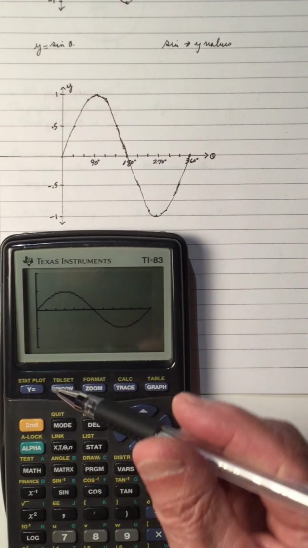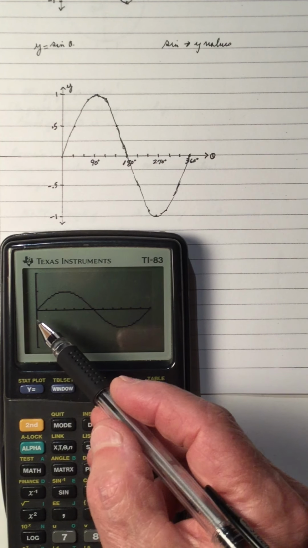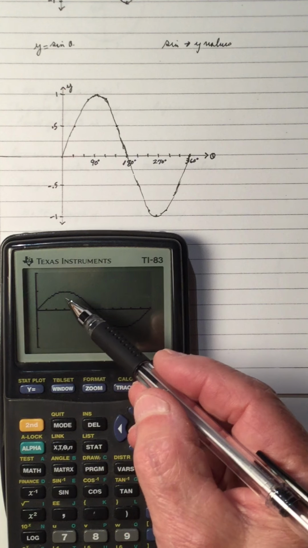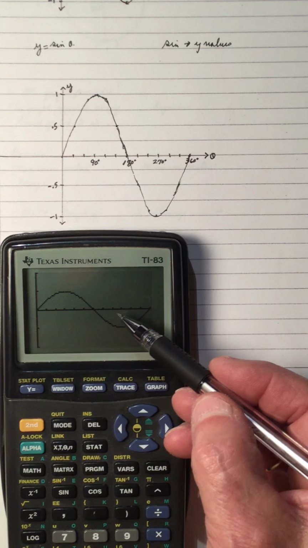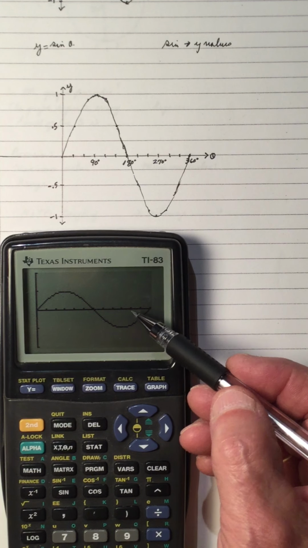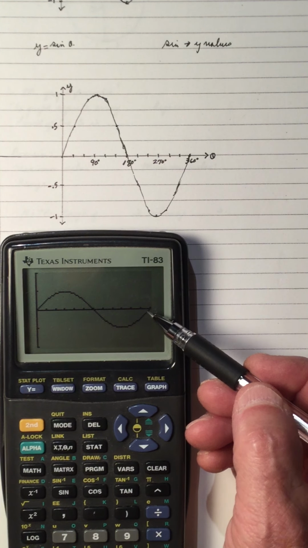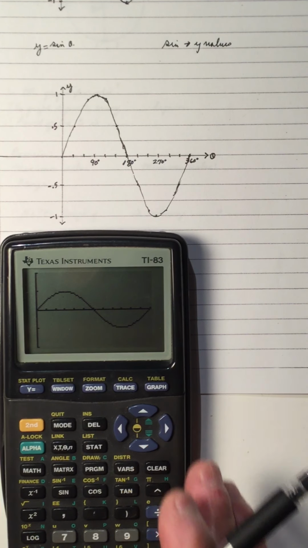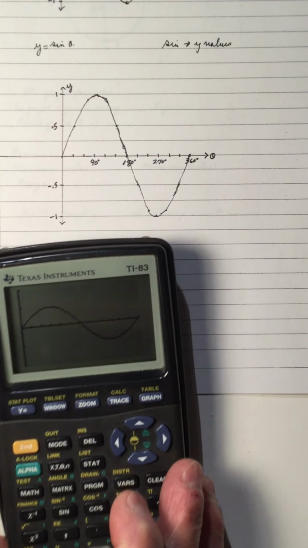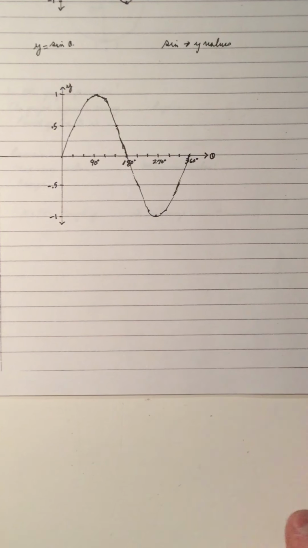Sine of 0 is 0, the sine of 90 is 1, sine of 180 is 0, the sine of 270 is negative 1, the sine of 360 is 0. So it's the same shape. Just wanted to show you what it looks like on a graphing calculator.